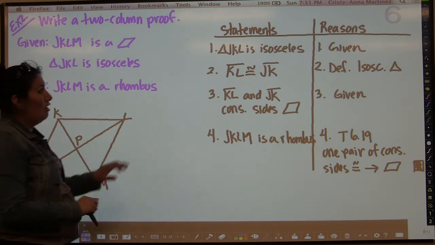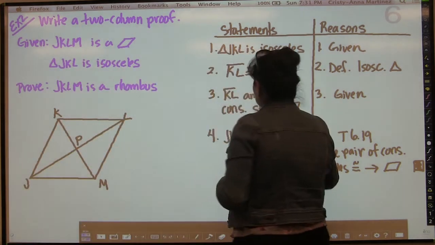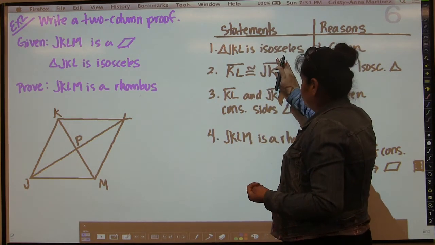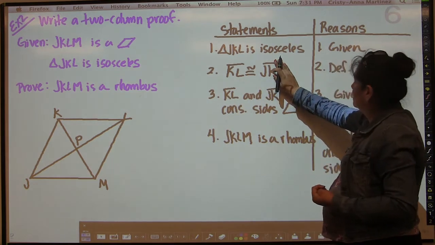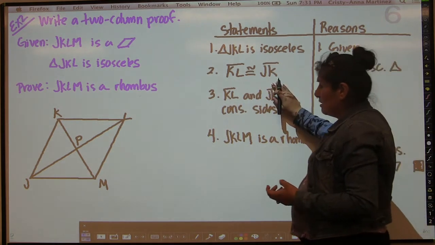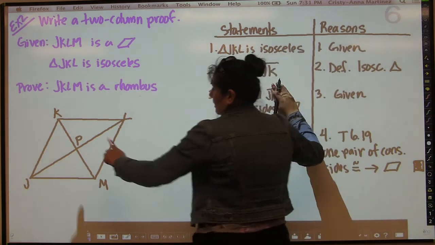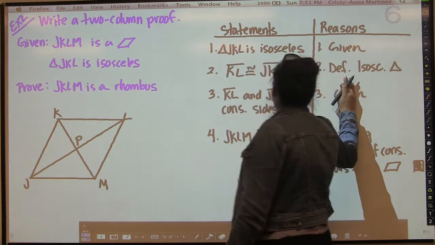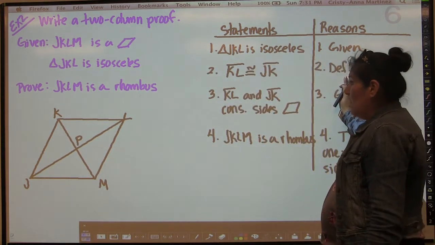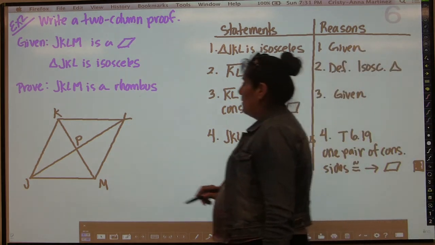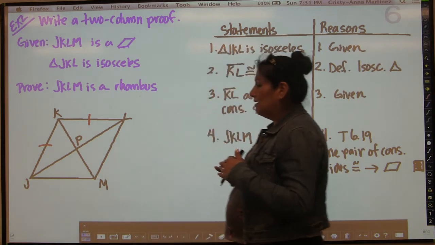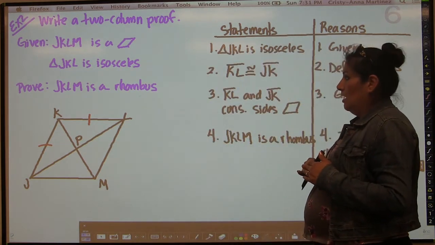Okay, and so what you'll see here in my proof is that the first thing I start with is triangle JKL is isosceles. And that was given. Because it's isosceles, I put that KL is congruent to JK, and that's by definition of an isosceles triangle. And if you mark those, they are consecutive sides.